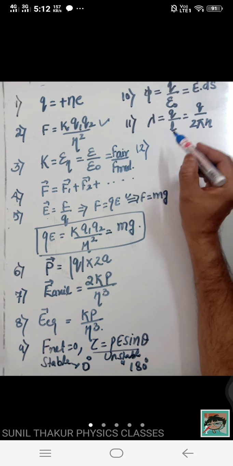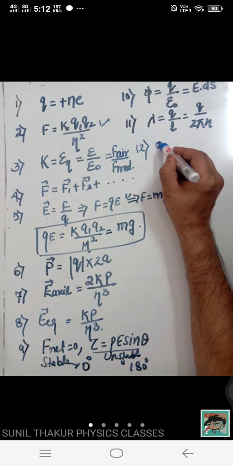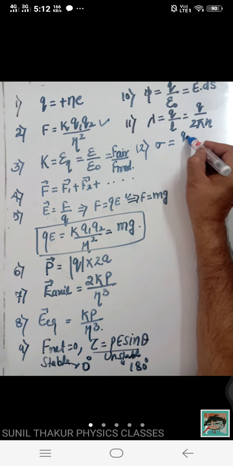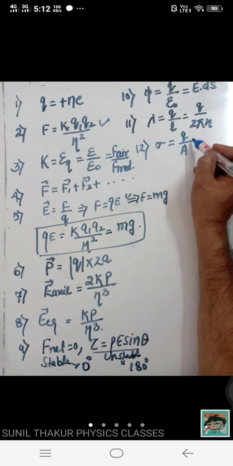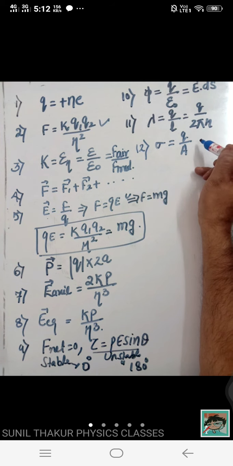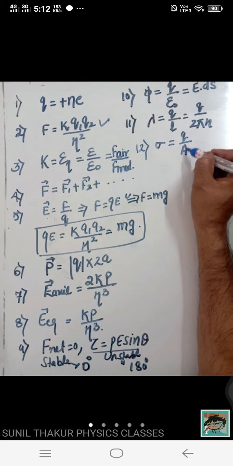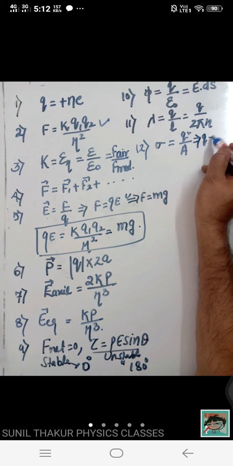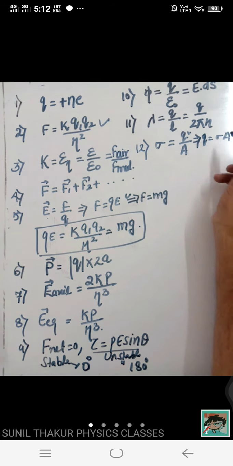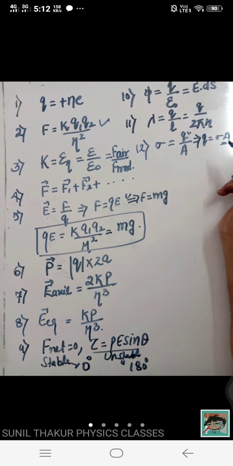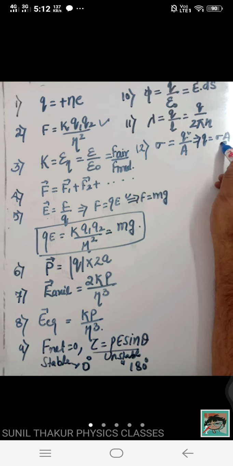Next one, surface charge density sigma. Sigma equal to q by area. Unit you can write yourself. From here, this is q by a, so you can calculate the charge also. Charge equal to sigma into a, that is area, which depends upon the shape of the body. Different bodies have different areas.